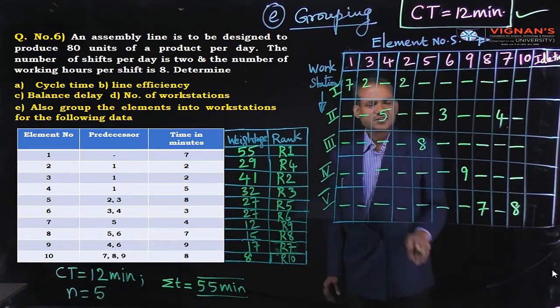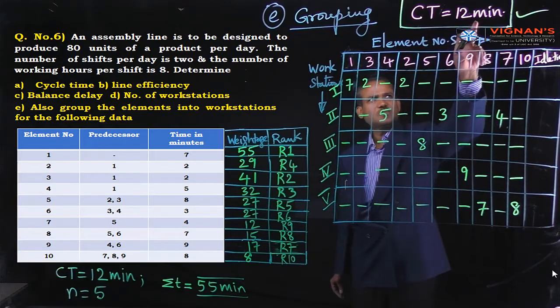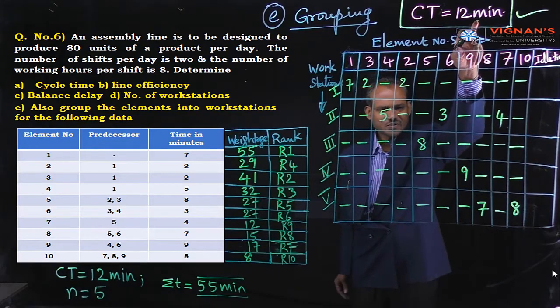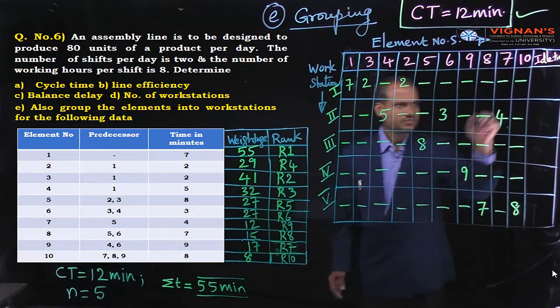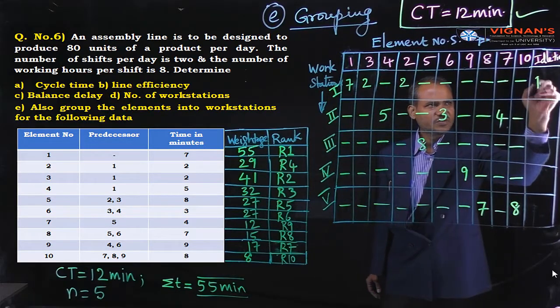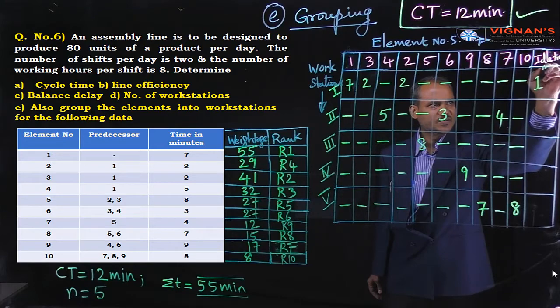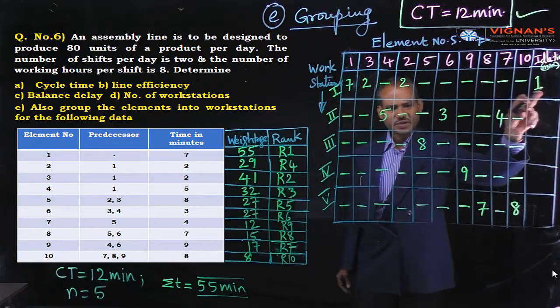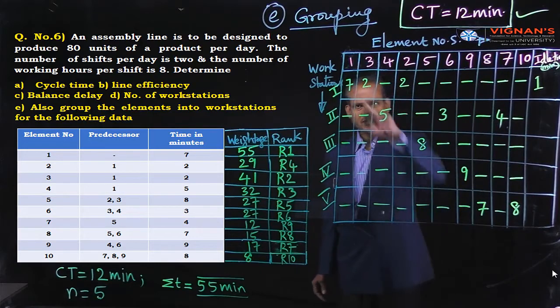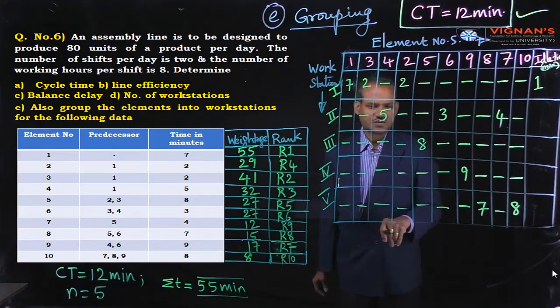This 11 should be subtracted from CT, that means cycle time. 12 minus 11, how much? That is 1 minute. So 1 minute is the idle time at workstation number 1.